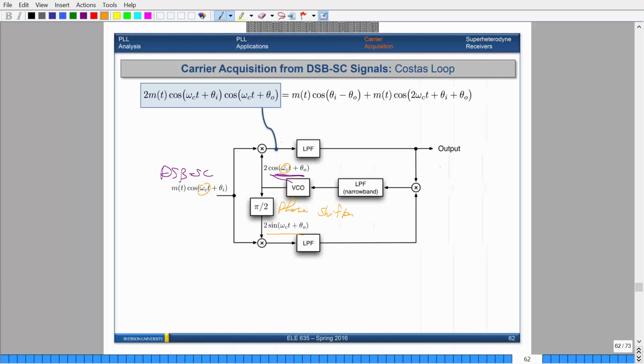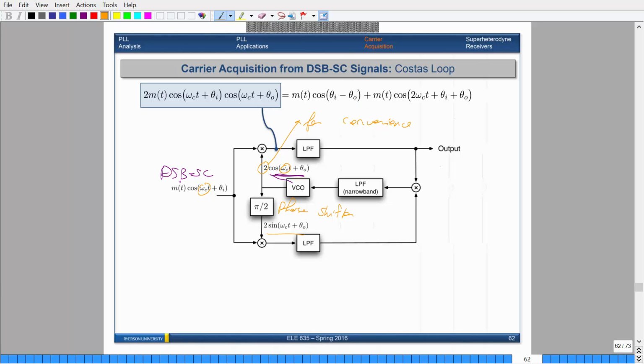At this point, we're going to take our signal, and we also multiply by 2. The 2 is for notational convenience, because when you take a product of two cosines, you have a half, and then the half and the multiplication by 2 will cancel out. Okay, so when you multiply these two things together, you can use the trigonometric identity, which will split them up.